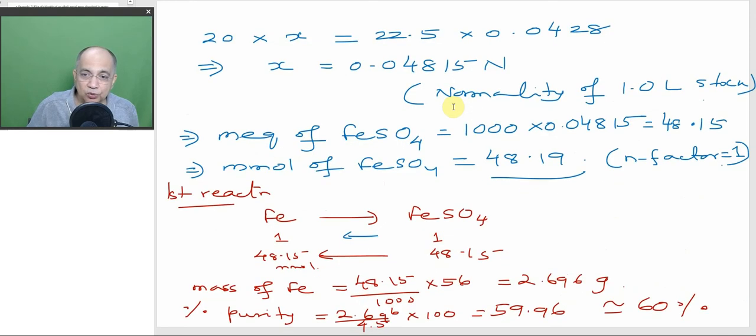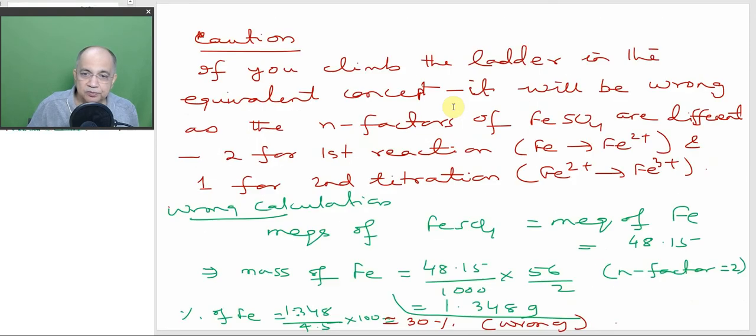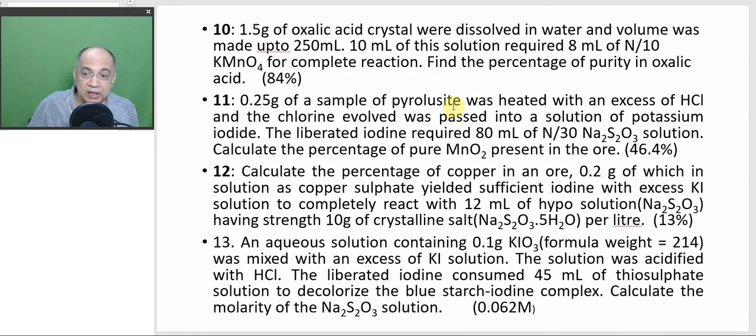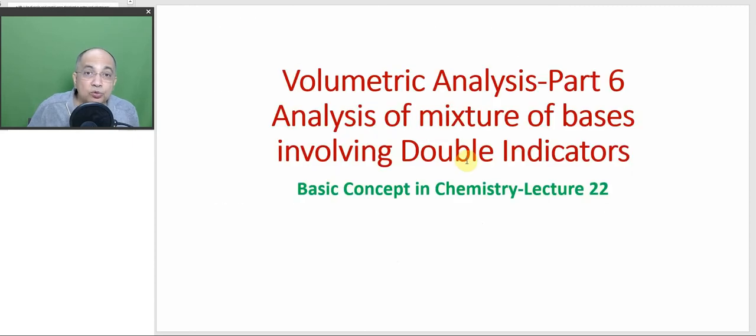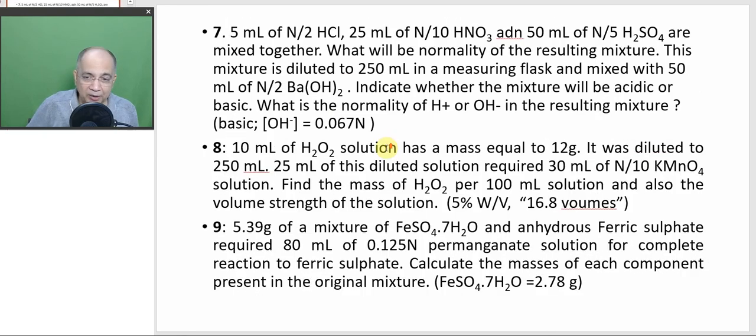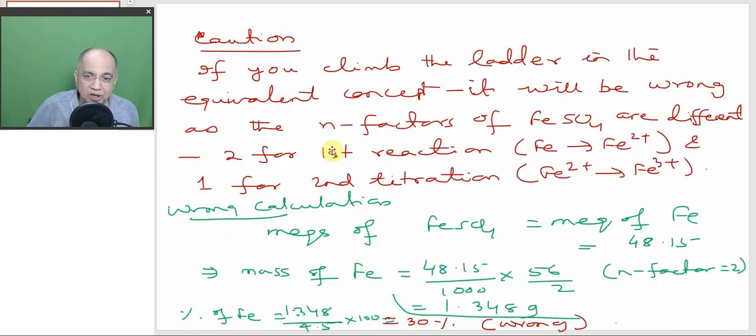Then we go for the situation where you will have to use two acid-base indicators successively or separately. I thought to include that in the last part, but this will have some revision of this.